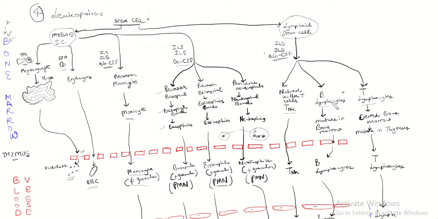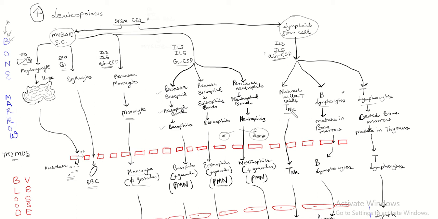We're talking about T, B, natural killer cells, monocytes, macrophages, and dendritic cells. Versus granulocytosis, now I have basophils, eosinophils, neutrophils, and mast cells that are increased in number. See, makes perfect sense, makes it easy, right?